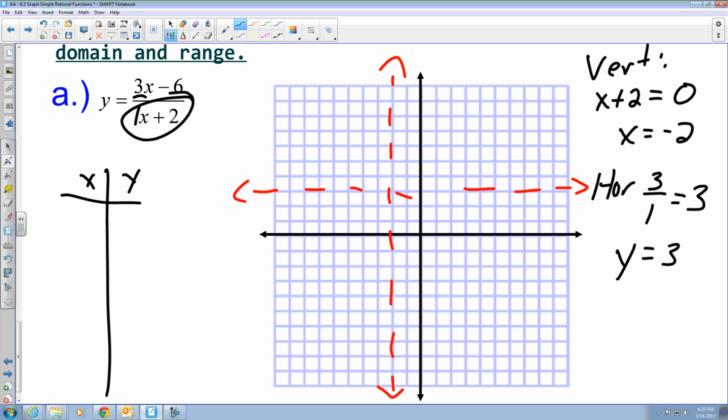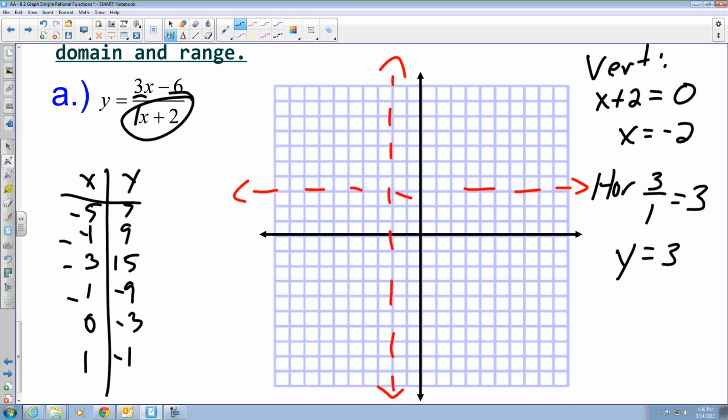So I'll just use -5, -4, -3. And I'll have -1, 0, and 1. And then when I plot these points for x, I get y is 7, 9, 15, -9, -3, and -1.